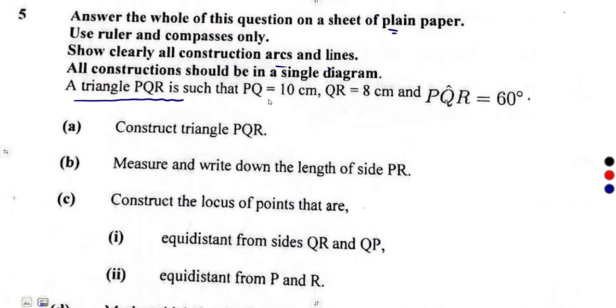Triangle PQR. All right, so we are just going to have a sketch. Angle PQR is 60 degrees. So the angle is at Q, which is 60 degrees. So let us consider the sketch here.